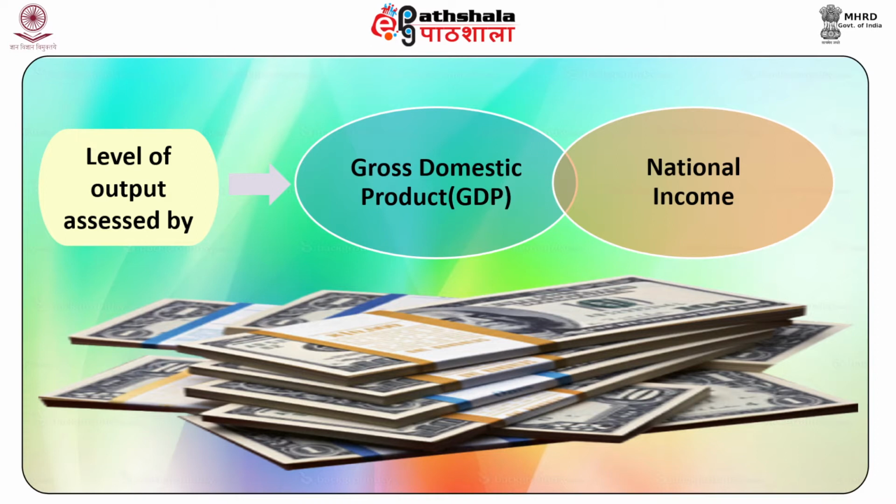In the module on national income, we will learn that GDP is a measure of all final goods and services that are produced in a given year within the domestic economy. A number of other useful national income aggregates will be introduced.